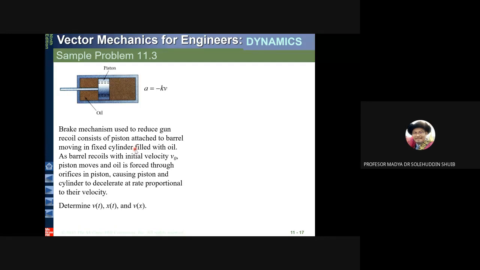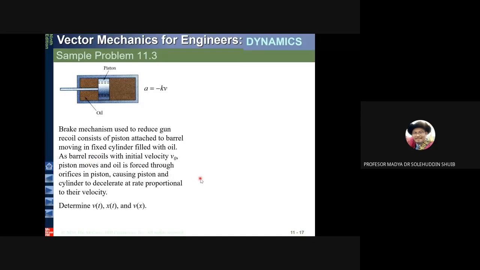Okay, we continue. You can see here, this is a brake mechanism used to reduce gun recoil. It consists of a piston attached to a barrel moving in a fixed cylinder filled with oil.